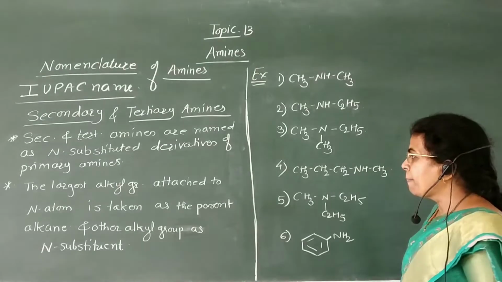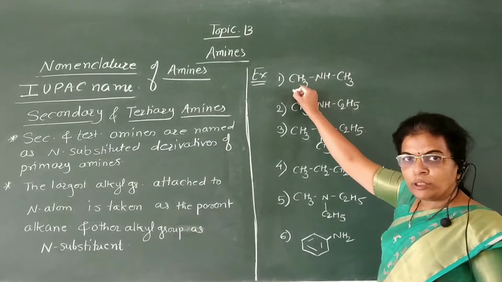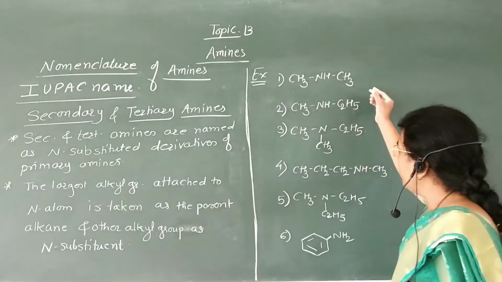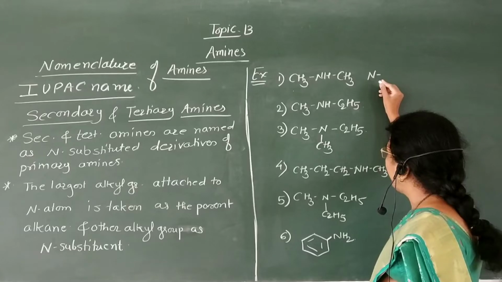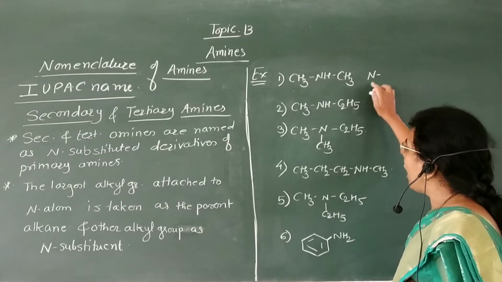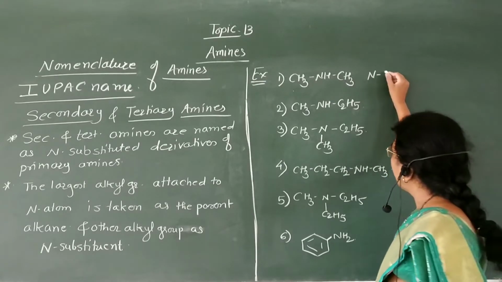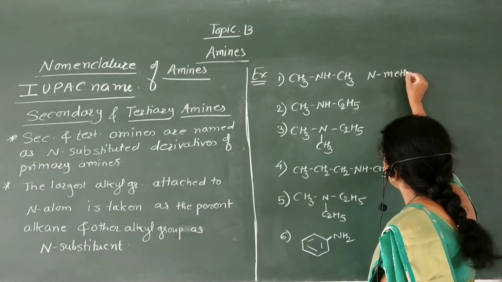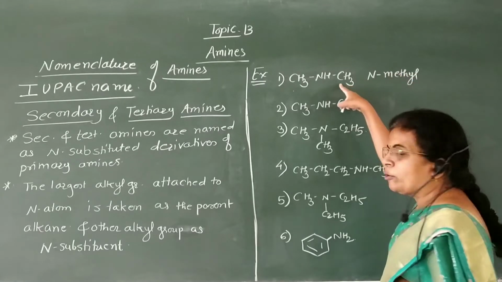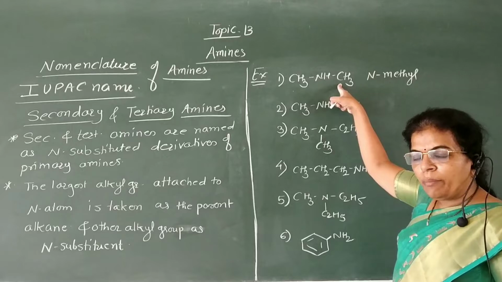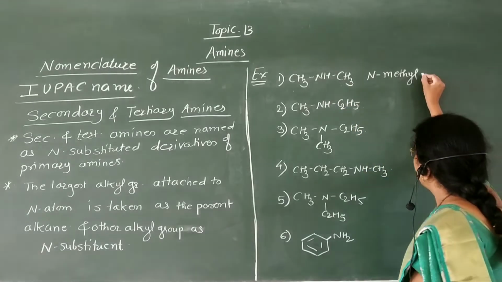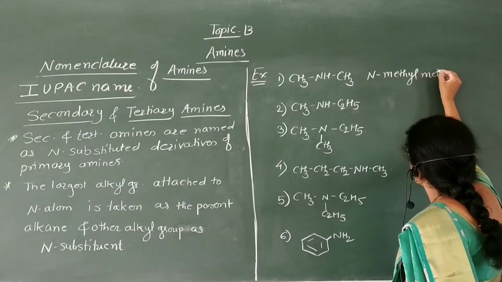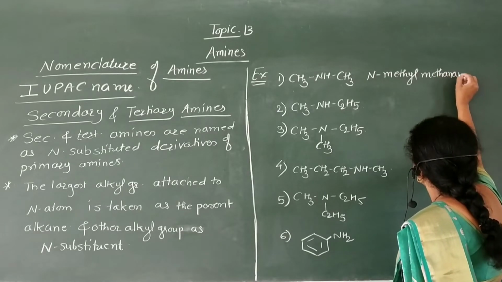And here both groups have similar carbon atom. Therefore we write one alkyl group as N-substituent, that is N-methyl. Now remaining one alkyl group is taken as a parent alkane, that is methanamine.